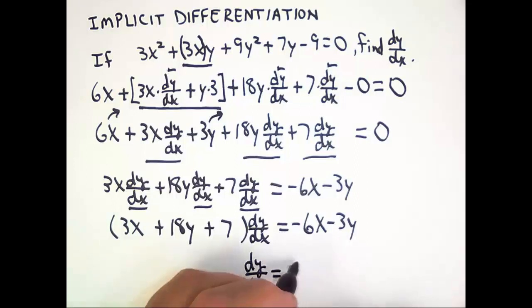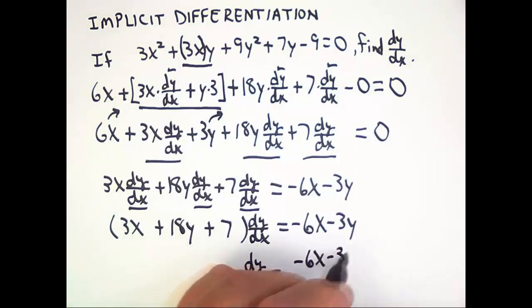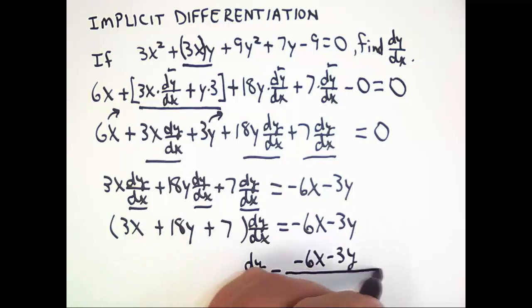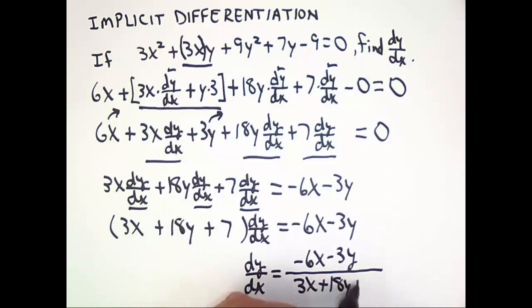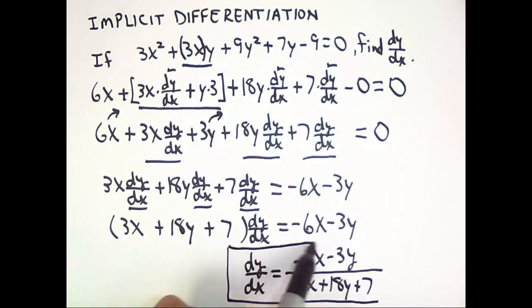So dy over dx is minus 6x minus 3y divided by this factor here, which is 3x plus 18y plus 7. So now I've found dy over dx for that problem.